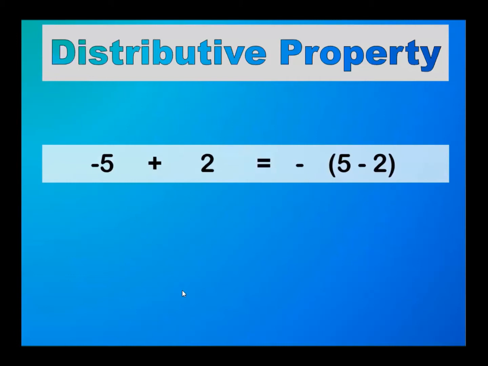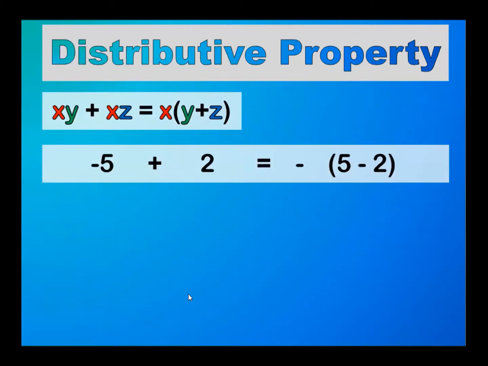The distributive property normally has 2 equations. One of them is x times y plus x times z equals x times parentheses y plus z. So that means that x is one number, y is another number, and z is yet another number. Whatever numbers you choose, this equation will still hold true.